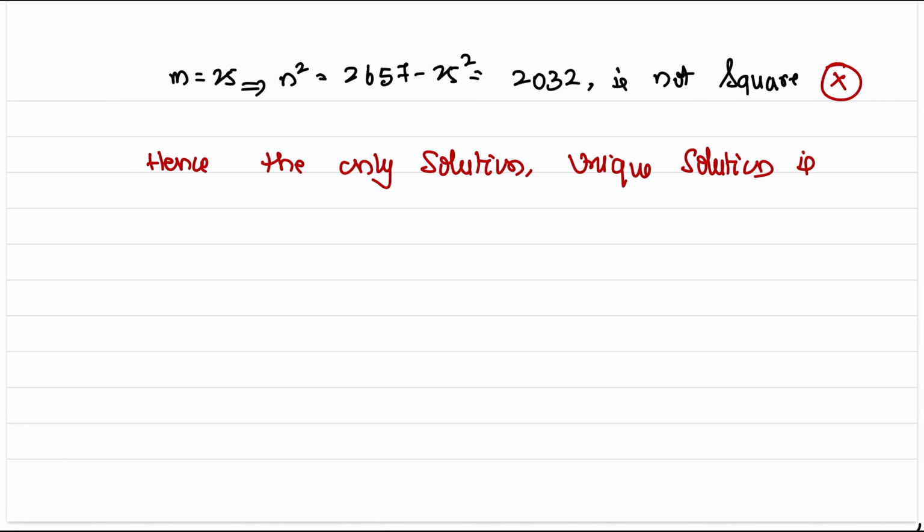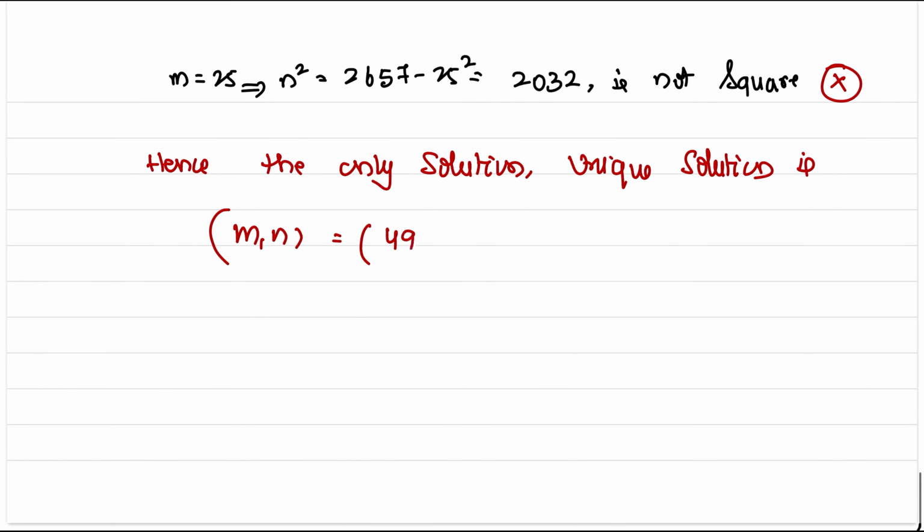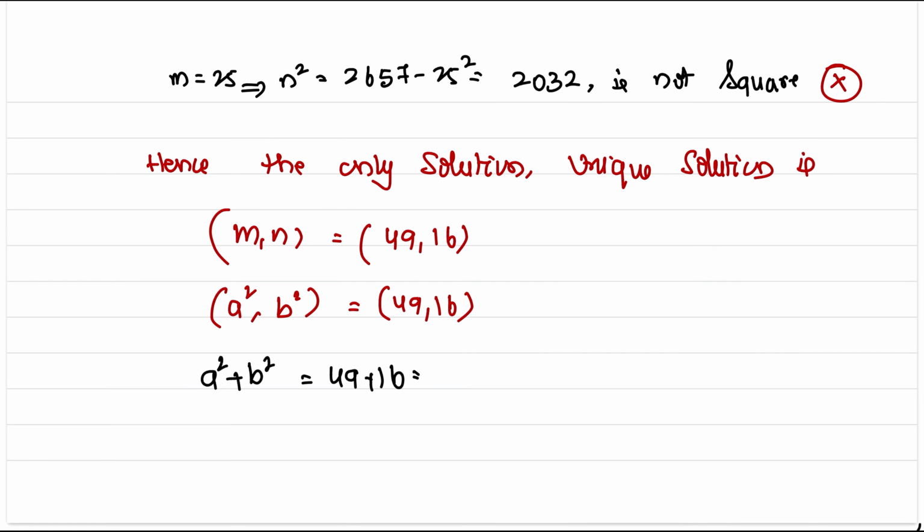That is interchangeable. mn is equal to 49 and 16. That means m is a square, n is b square, is equal to 49, 16. That means the only unique solution for a square plus b square is equal to 49 plus 16, which is equal to 65. This is the only unique solution we have.